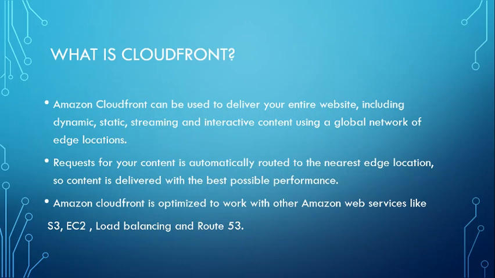If you ask for some data, you will be routed to the nearest edge location, and if the data is cached there, it will be given to you very promptly. If the data is not there, then based on a round robin concept, your request will be shared with another edge location. So content is delivered with the best possible performance because of edge locations.